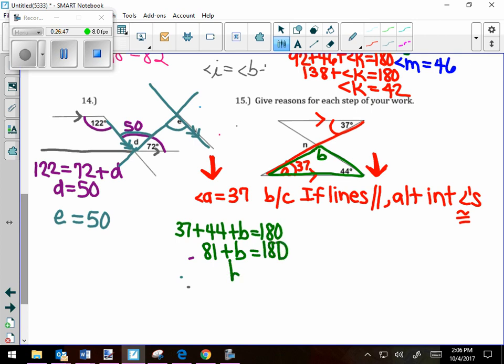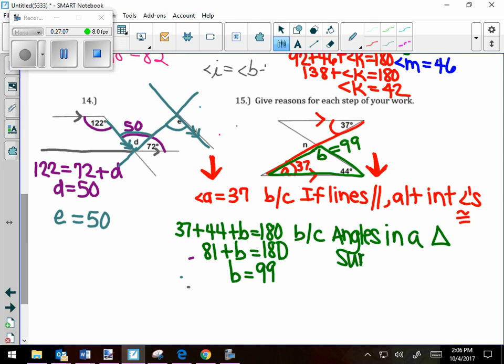When I minus B from both sides, I get 99 degrees. So angle B turns out to be 99 degrees. The reason why I know that, my because statement, is because angles in a triangle sum to 180.